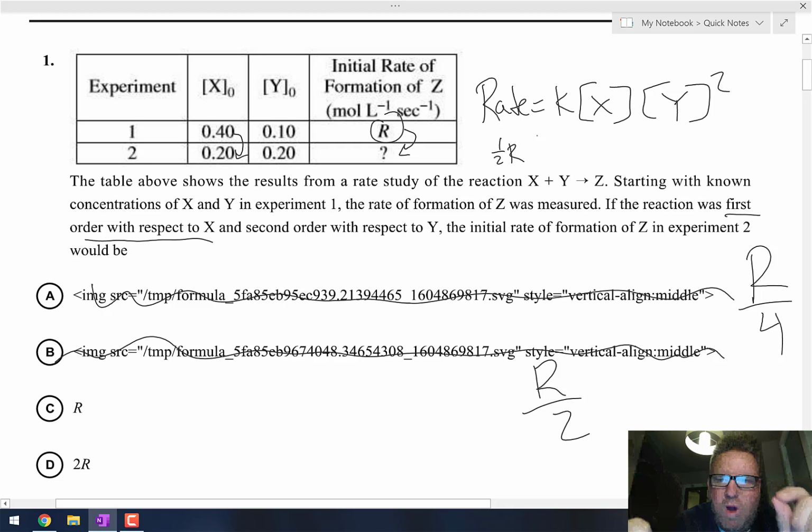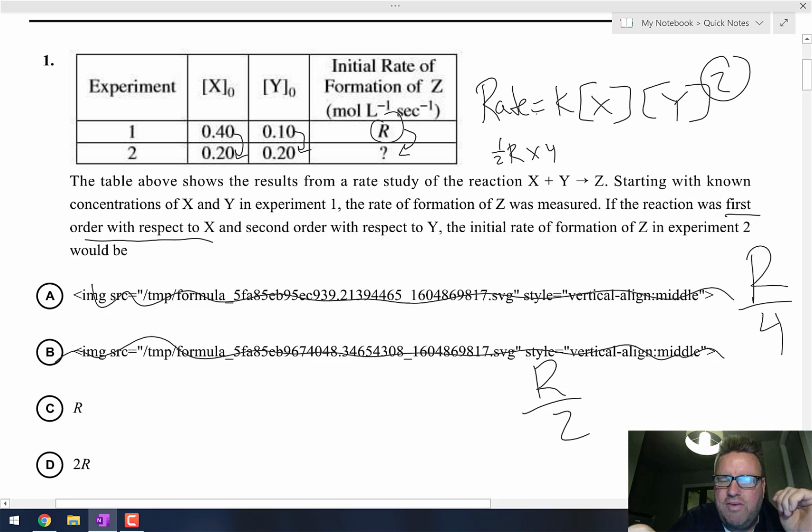Okay, but then Y goes up by double, and therefore the rate, because it's second order for Y, has to go up by a factor of 4. So then we're going to basically take that answer and multiply it by 4.